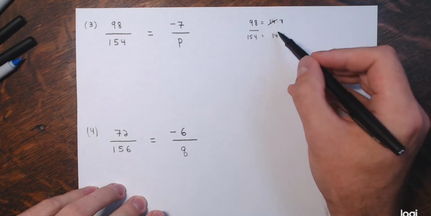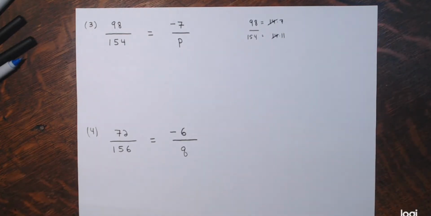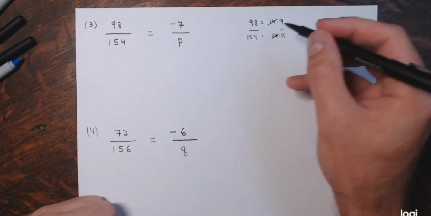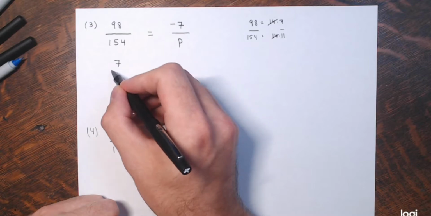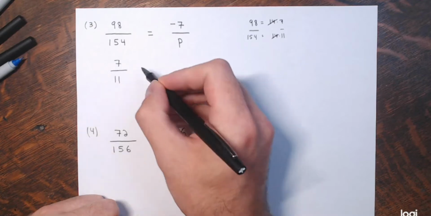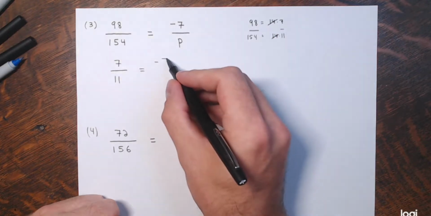So you see that 98 and 154 have a common factor of 14. So 98 154ths reduces to 7 11ths. So I'll reduce that left fraction. The right fraction can't reduce.